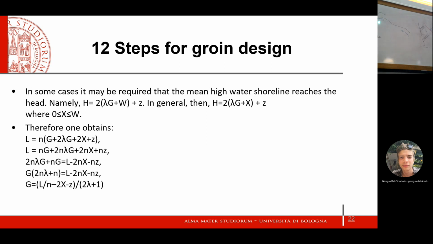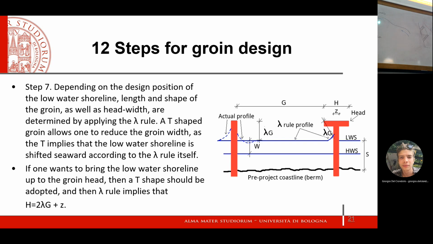So what we obtain now, if we rewrite the condition, is that L is given by N, which multiplies G plus H. Let's go back here.